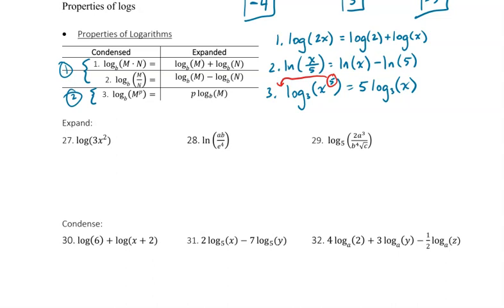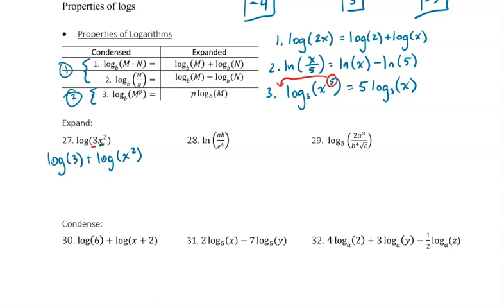Okay? So for 27, first thing we're going to do is we're going to give the 3 and the x squared their own log. And since they were multiplied, we are going to add those logs. So we're going to have log of 3 plus log of x squared.